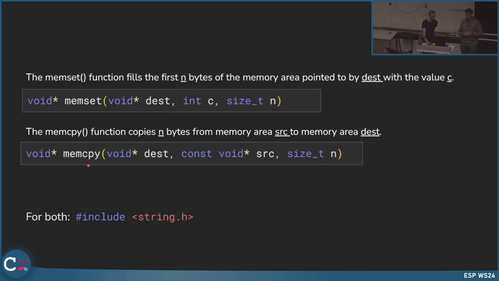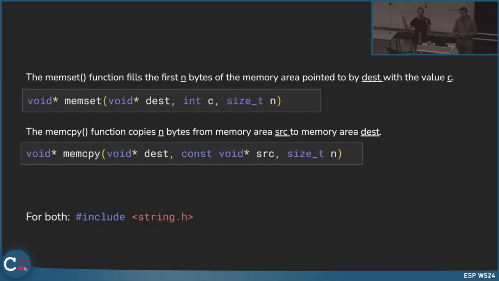And memcpy is where you have a destination and a source, and it basically copies n elements from the source to the destination. If you want to copy a string, for example, strcpy is another example of it. Memcpy is just more general if you want to copy, for example, integers.